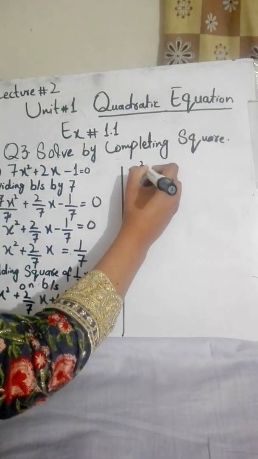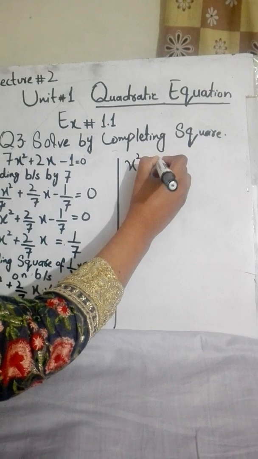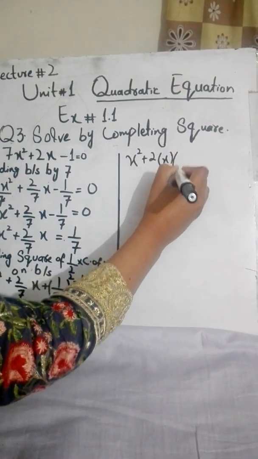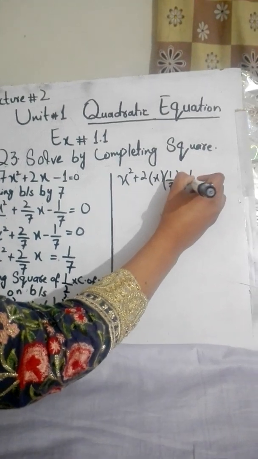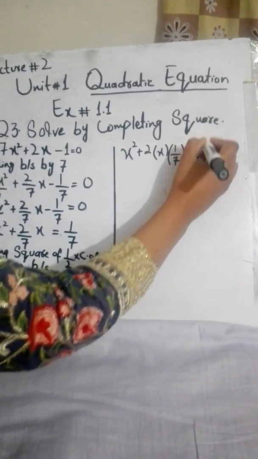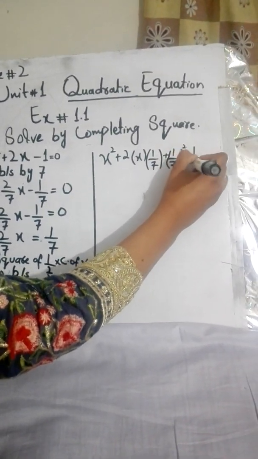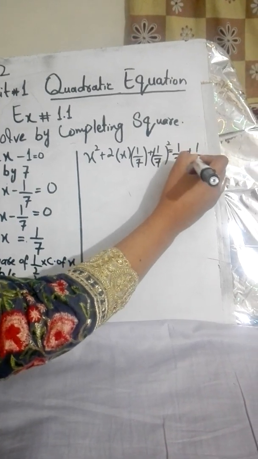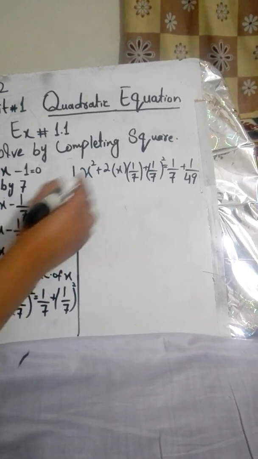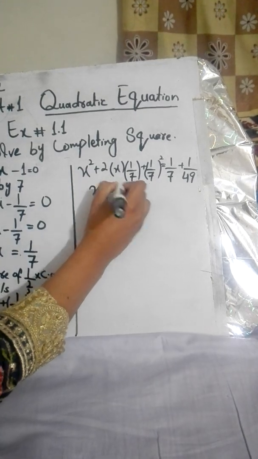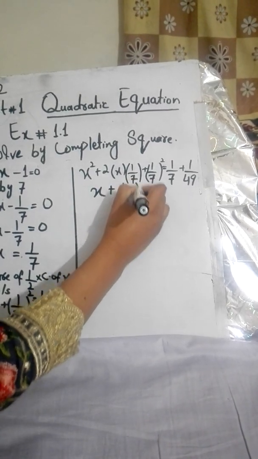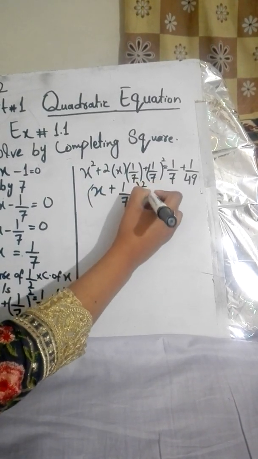See this one, a square plus 2, a is equal to x, b is equal to 1 by 7, plus b square is equal to 1 by 7 whole square, which is 1 by 49. I am going to close the formula. X plus 1 by 7 whole square.